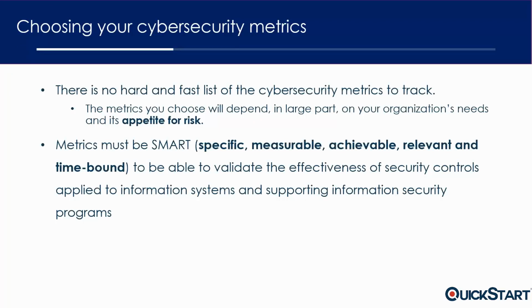We can break down each one of those, however they really are as they seem. I want to choose a metric or a data point that's very specific. So how many threats were reported? How many incidents were reported in this specific time frame?